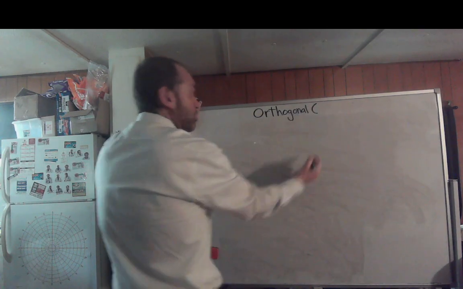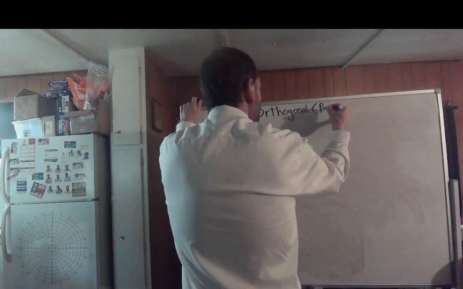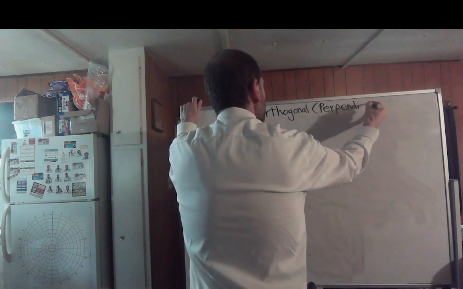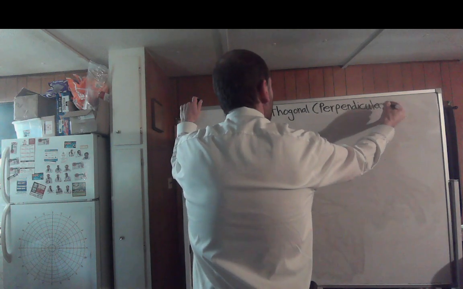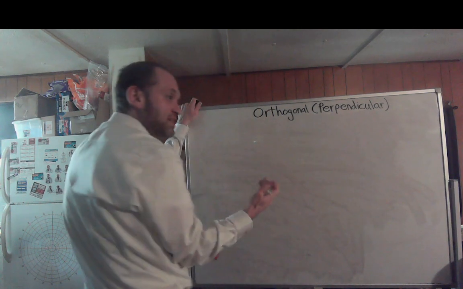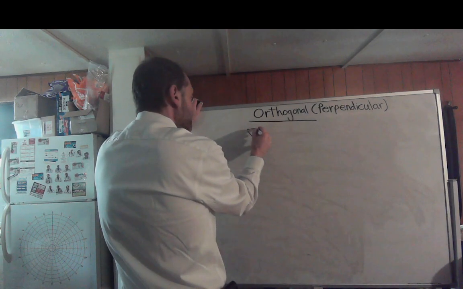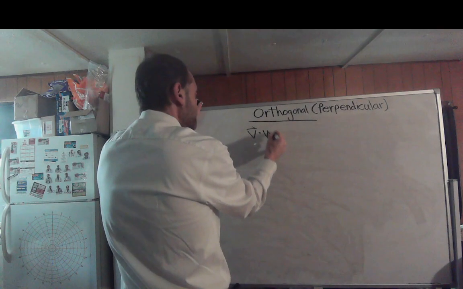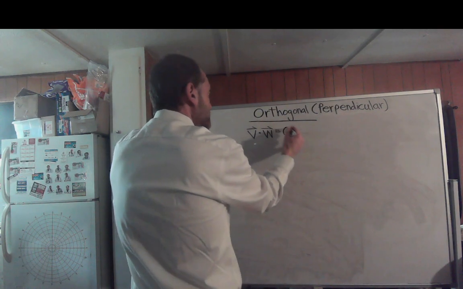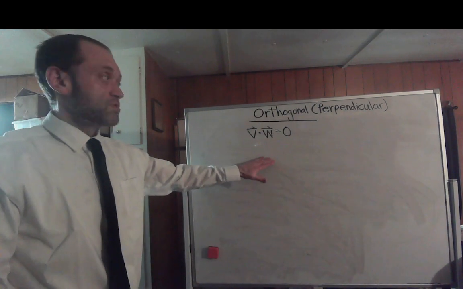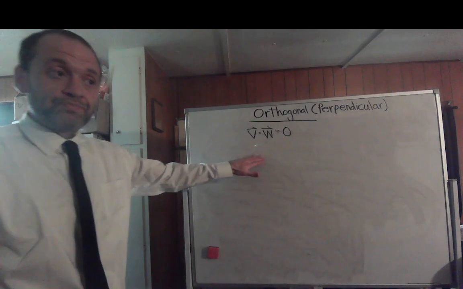Another name for perpendicular. They mean the same thing, but in the world of vectors, the term orthogonal is preferred. Just know that it means the same thing as perpendicular. That's if you take the dot product of one vector times the other vector and it equals 0 and only 0, then the two vectors are orthogonal.